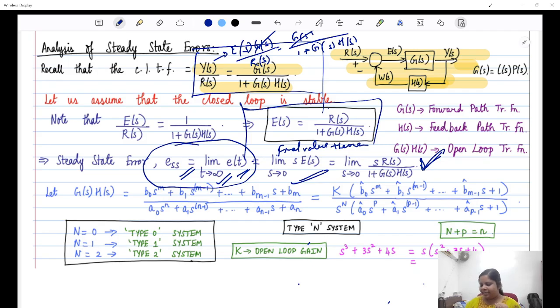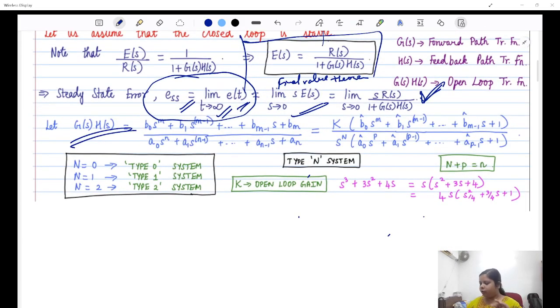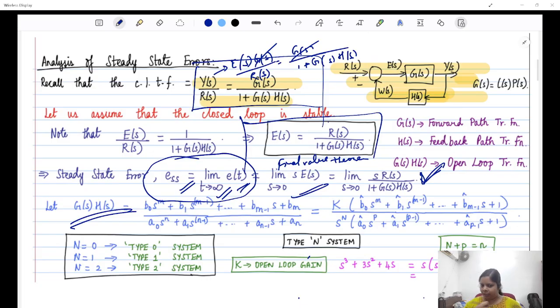Okay, there is another thing which is also defined. Let's say my G(s)H(s), which is the open loop transfer function, is given by some equation. Then there is a way in which we define the type of the system. I don't think I've taken any example, but we have a question coming up. So let's say it is represented by this general form.